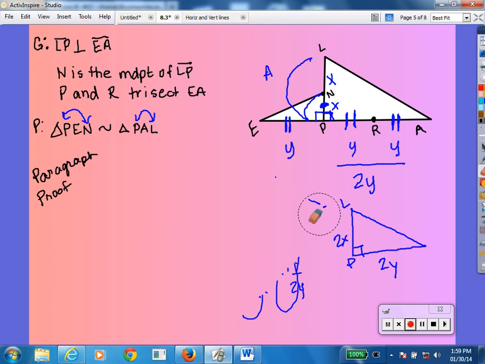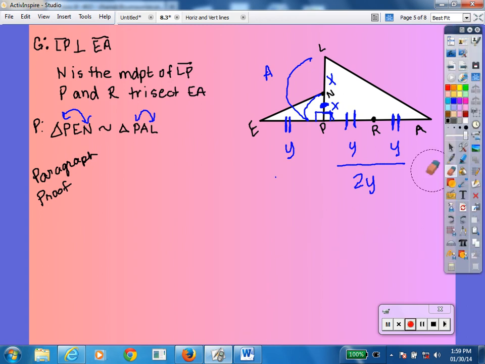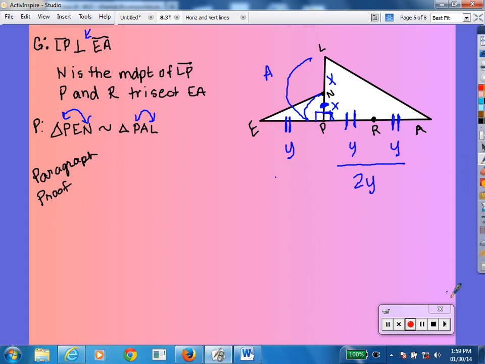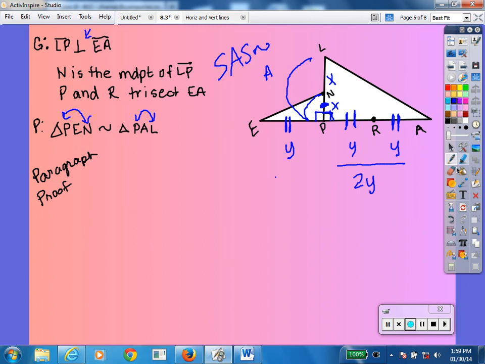All right, so now we're going to take all of that information and our angle information that comes out of here, and we're going to write a paragraph proof. And we're going to use side-angle-side similarity using our information. Okay, so first we start.